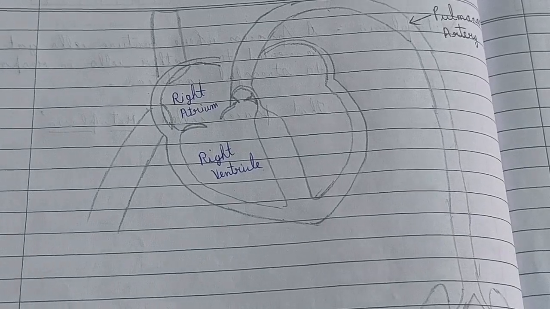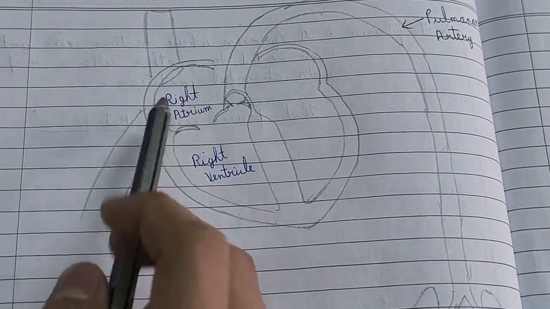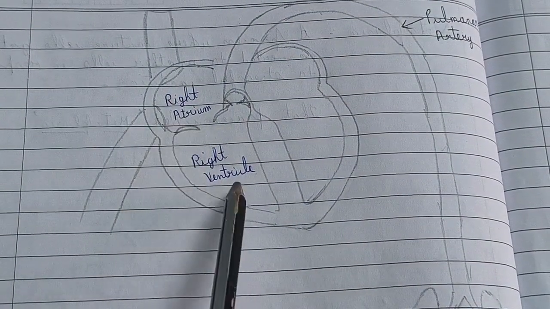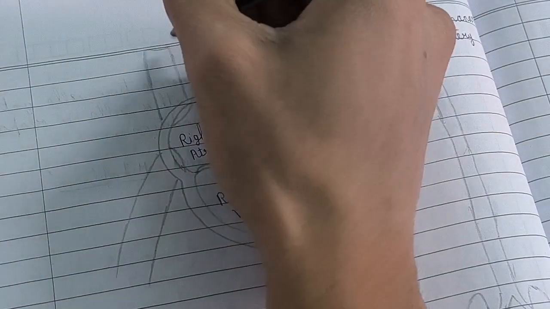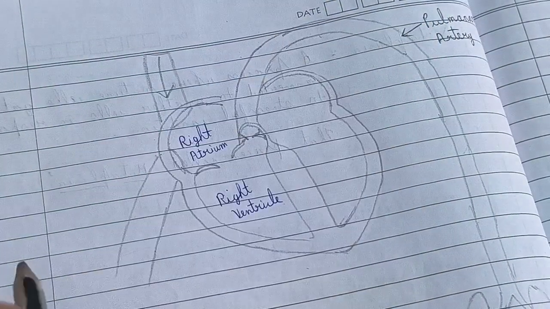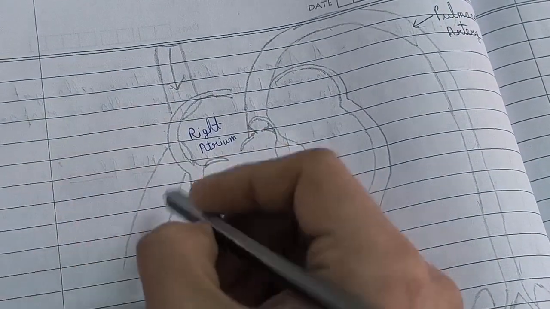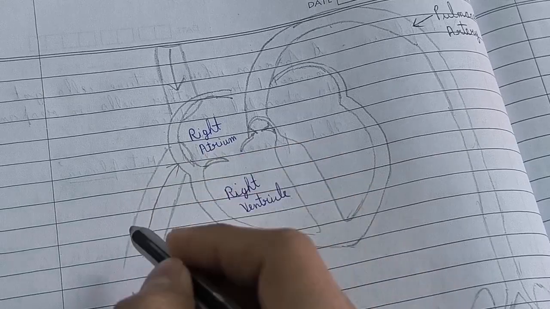Now see this diagram. This is the right chamber of the heart, which contains the right atrium and right ventricle. The right atrium receives deoxygenated blood from the superior vena cava and also from the inferior vena cava.